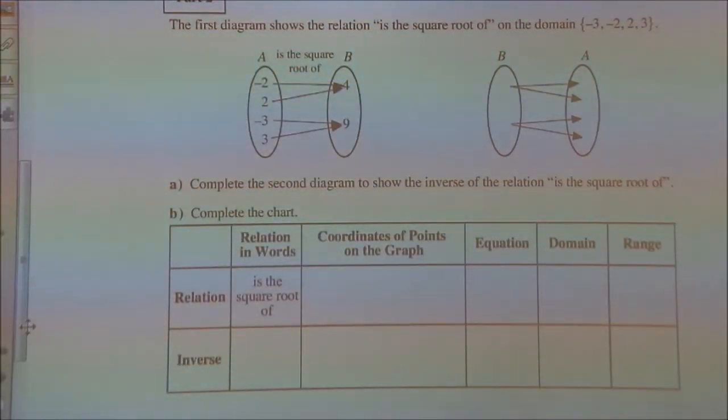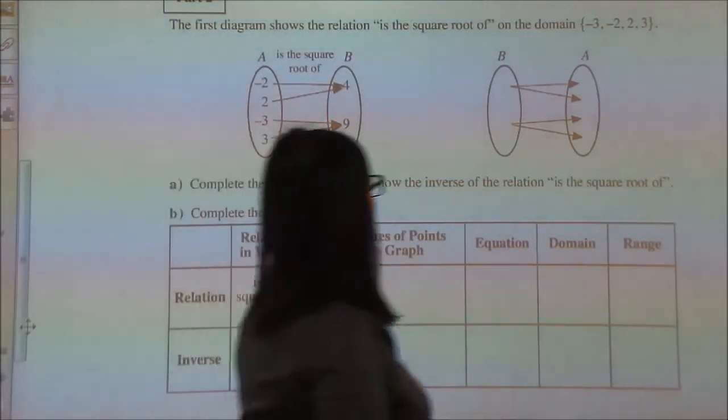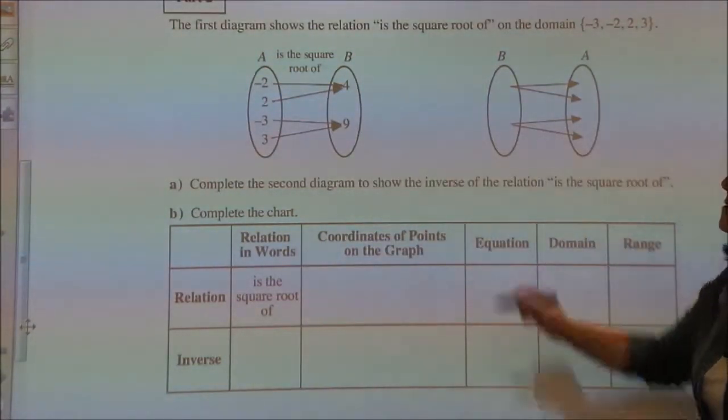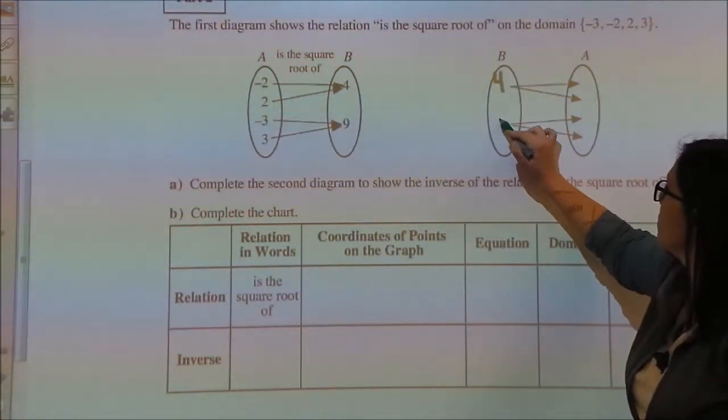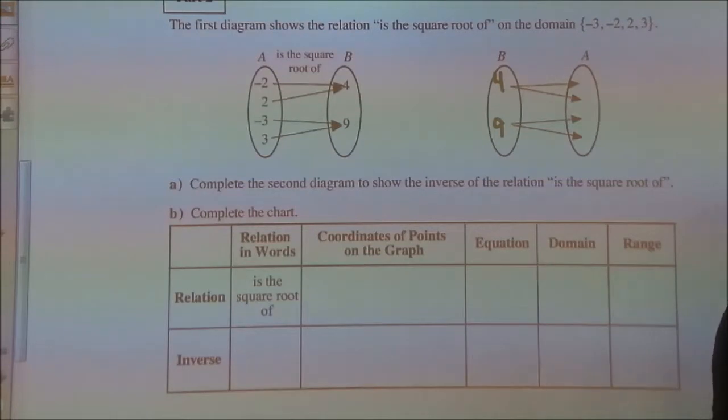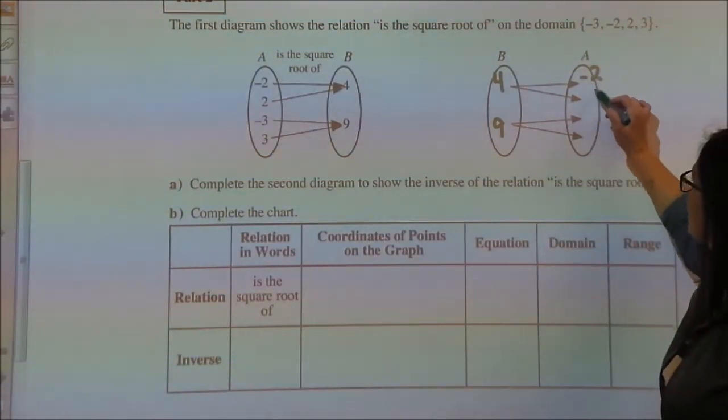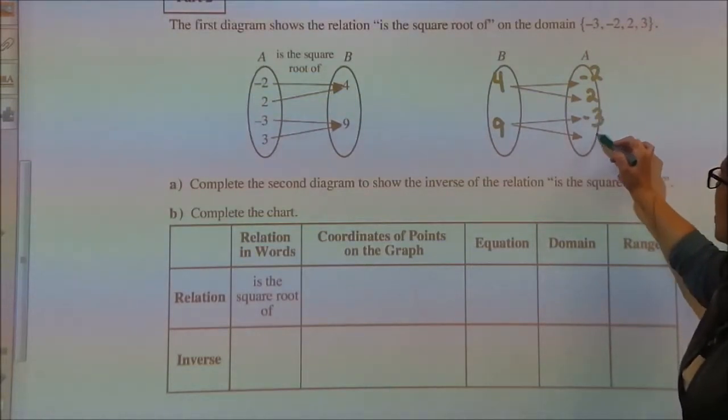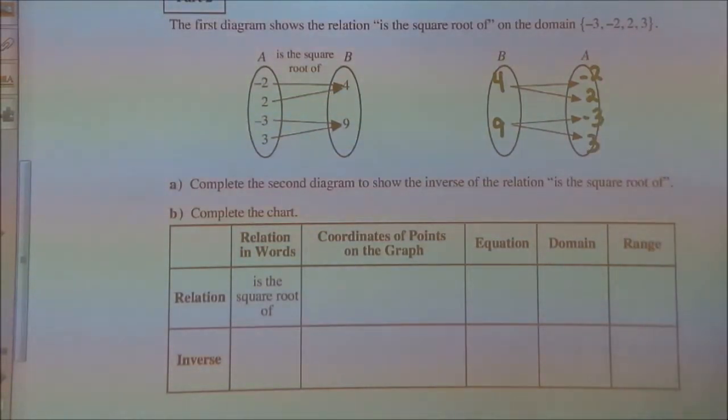So if I completed the second diagram to show the inverse of, the 4 and the 9 move over to the left-hand side. And then my negative 2 and positive 2, my negative 3 and positive 3 move over to the right-hand side.